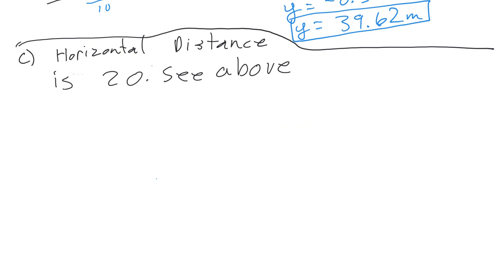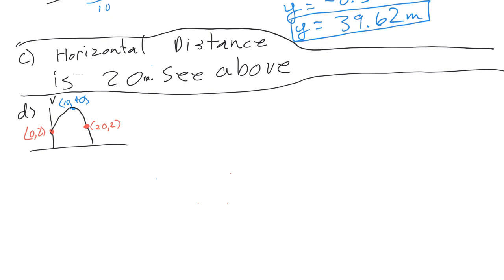So just like I said for C, take a look at the picture that we had above. We found that the horizontal distance to the next height, which being 2, is 20 meters. So here's what we're going to do. For part C, we're asked to find.